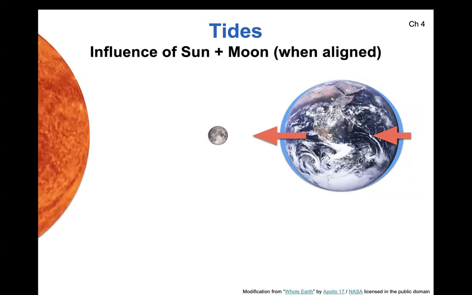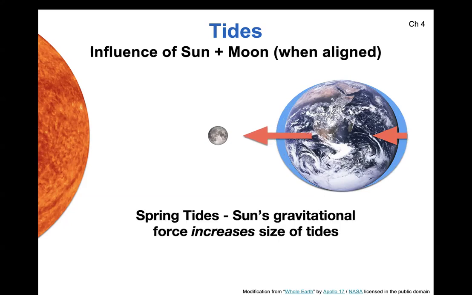And now let's briefly talk about the influence of the sun, and I'll come back to my comment about why people often think that it's strange that there's a high tide on the far side from the moon. So when the influence of the sun and the moon are aligned, that creates a stronger tide. Those are called spring tides. So they're just a little bit stronger than they would be otherwise.